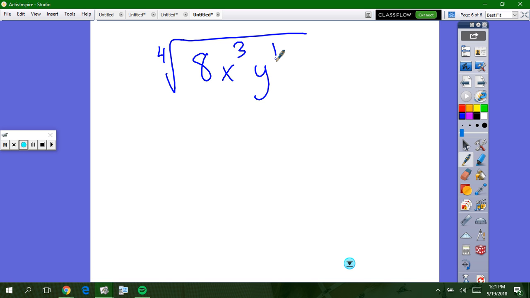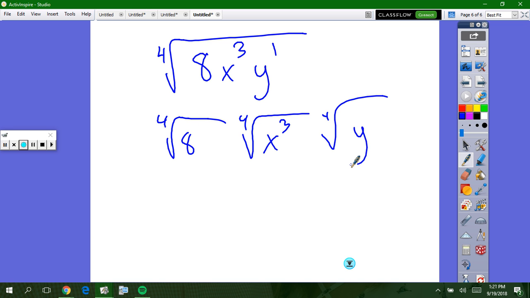What's the power on e even though it's not there? 1. So what you want to do, guys, is kind of think about this as each individual. Does everybody understand how that's an individual of each style, basically? Some people, what do you guys think some people do? Did any of you guys think this was 8x cubed, meaning the whole thing was cubed?